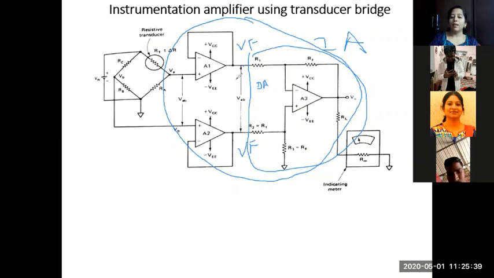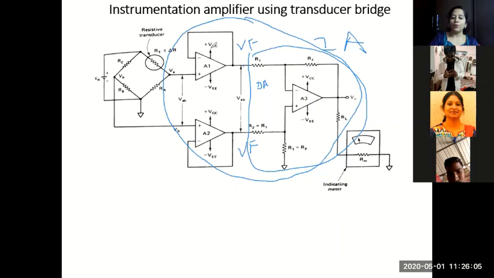And from where will I get that difference voltage? I'm using voltage followers in the initial stage. So you can think, why voltage follower? Actually, this is a simplified version of instrumentation amplifier. I'll show you in the end another version of instrumentation amplifier where we are going to use non-inverting amplifiers in the first stage.